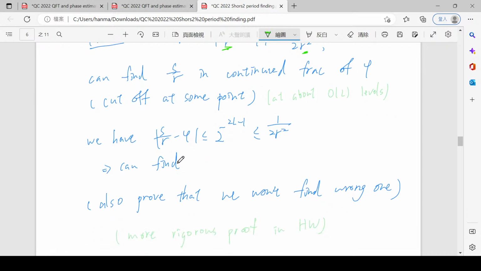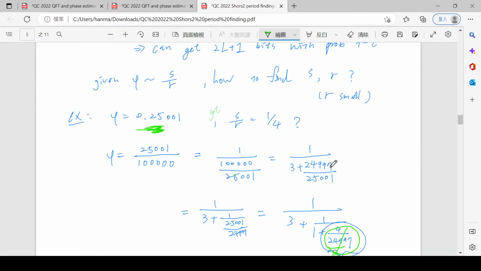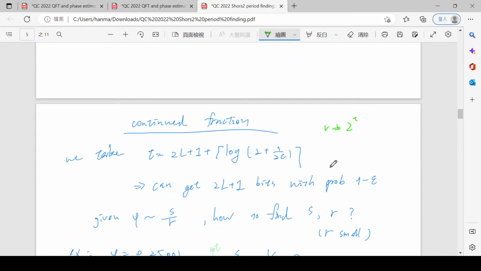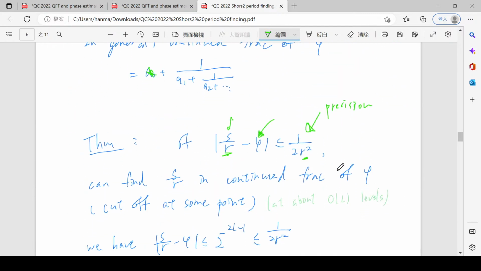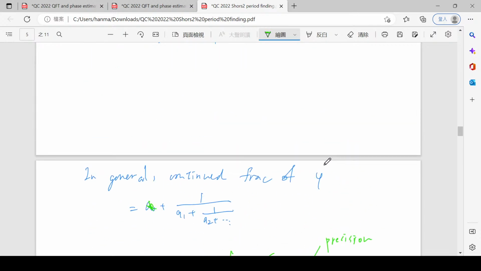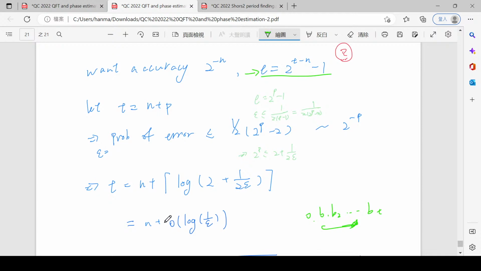And let's see. Yeah. So that's why we set our number here, right? So our 2 to the minus n.